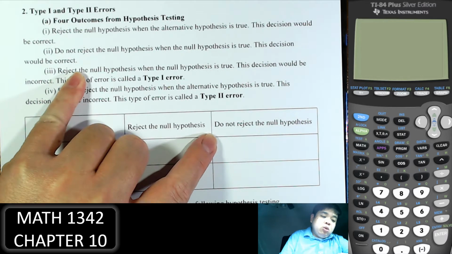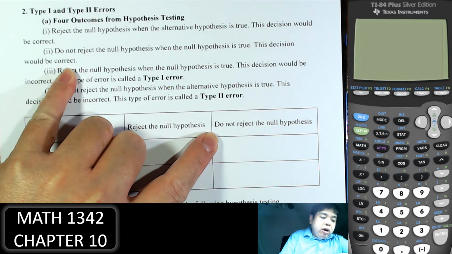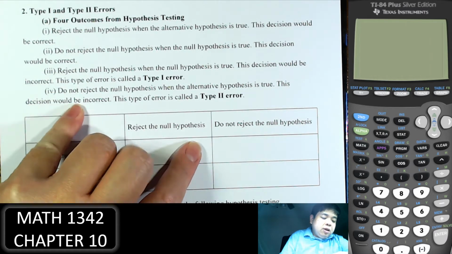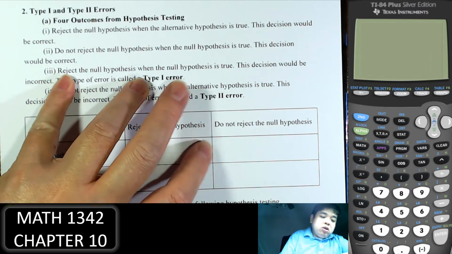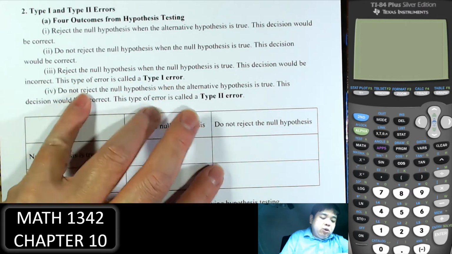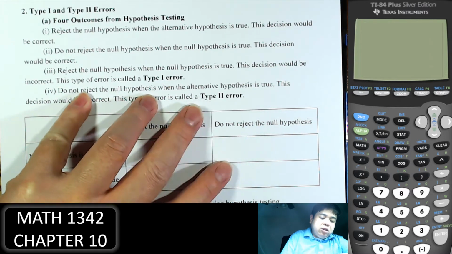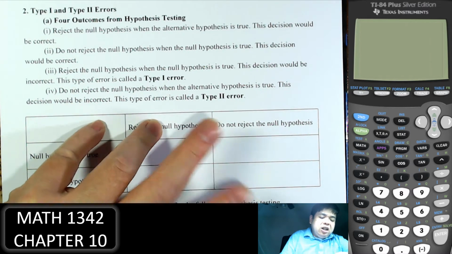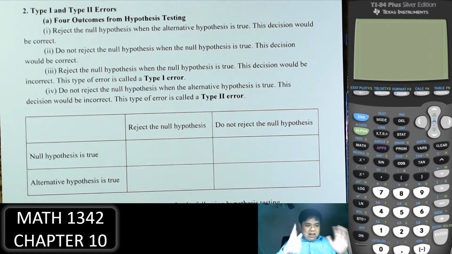This decision would be correct. And next, reject the null hypothesis when the null hypothesis is true, type 1 error. And do not reject the null hypothesis when the alternative hypothesis is true, is type 2 error. That's obviously confusing, but when we go through a few examples, that will clear up a little.